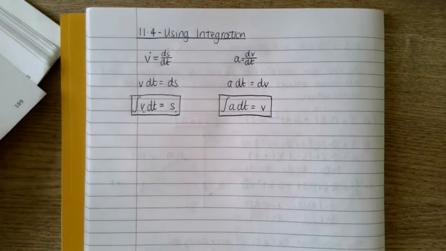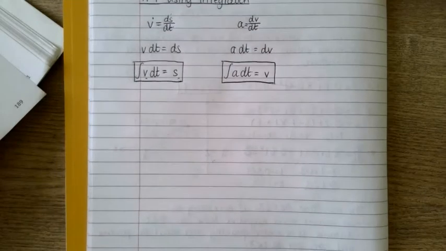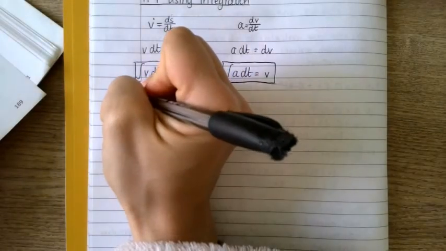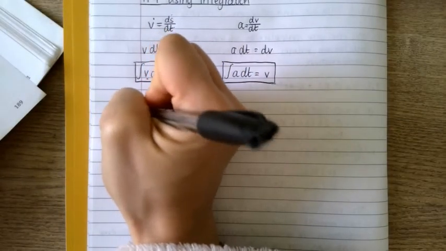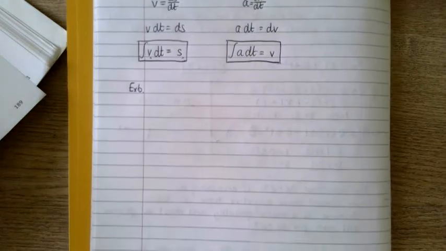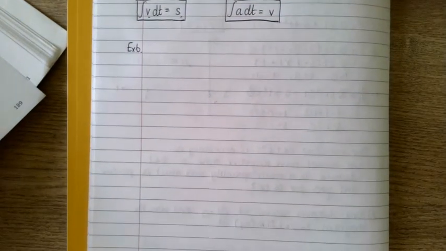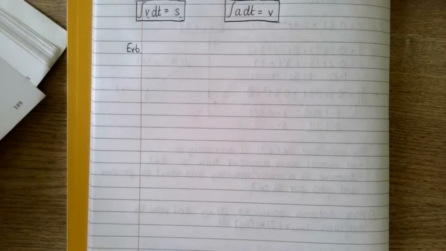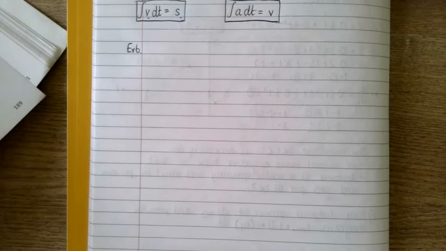So there are two examples in this subchapter, and we'll do the first one now, which is example 6, on page 188. It says that we have a particle moving on the x-axis. At time t equals 0, the particle is at a point where x equals 5.